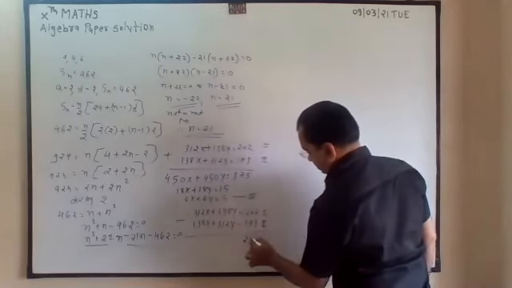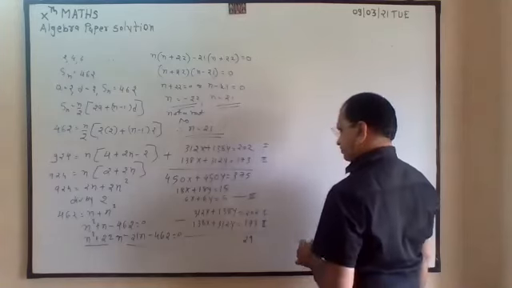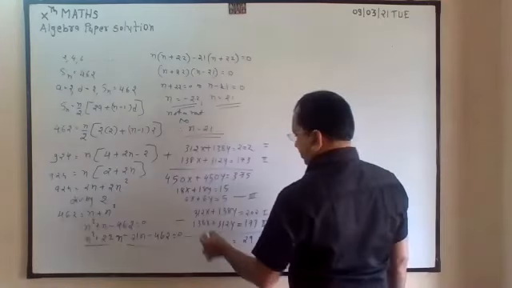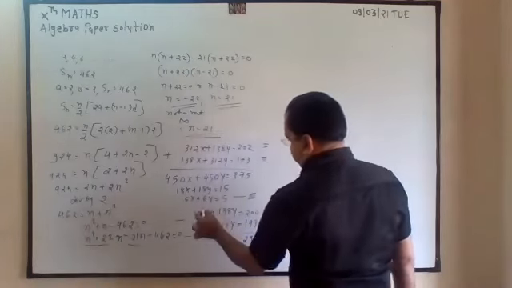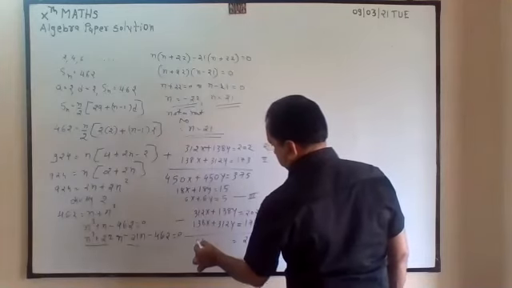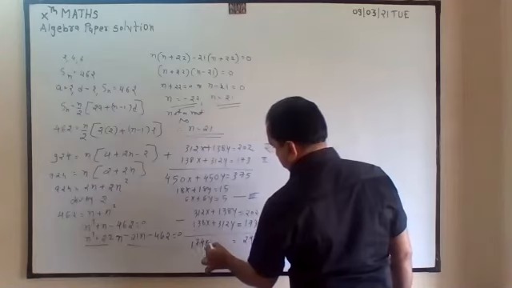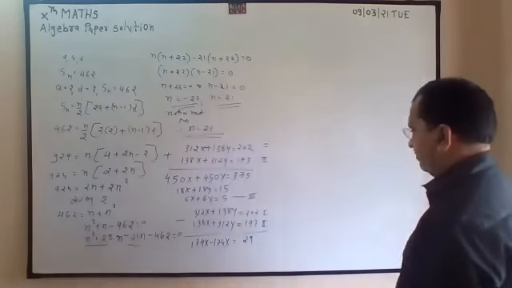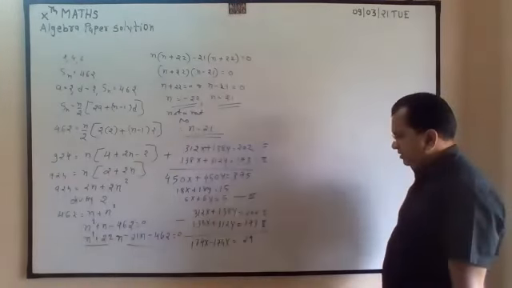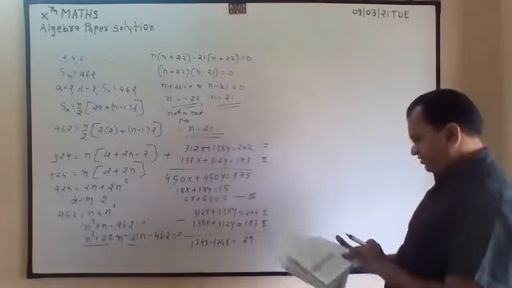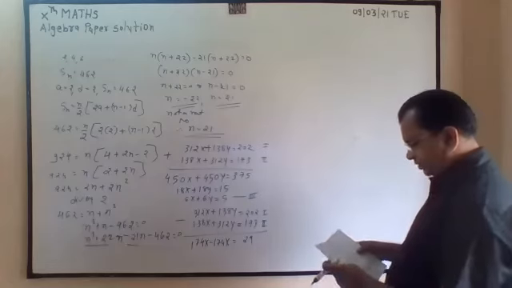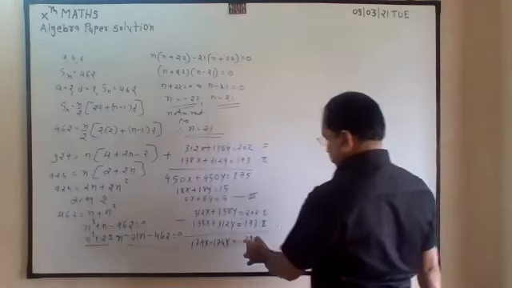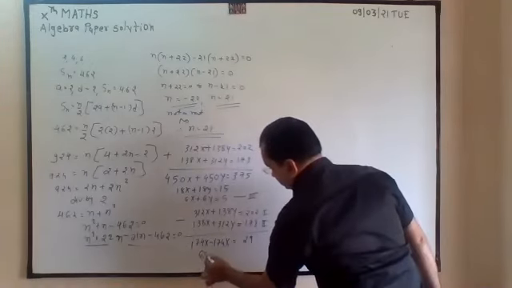71, 29. Correct. Now that is not divisible, but it is divisible by 6. 6x.